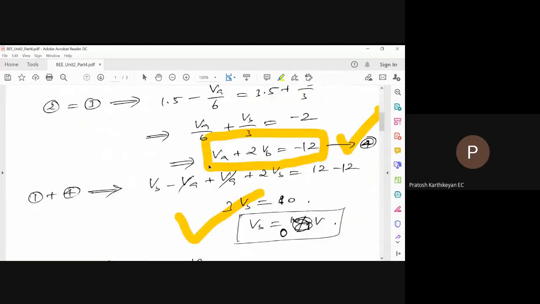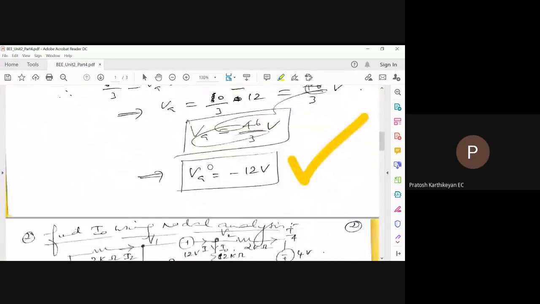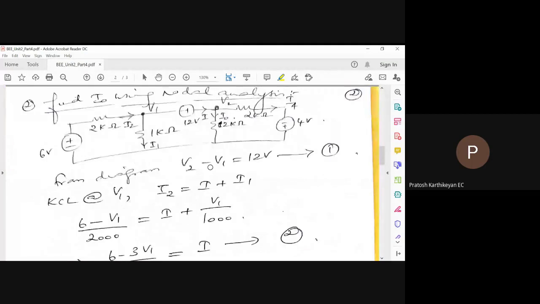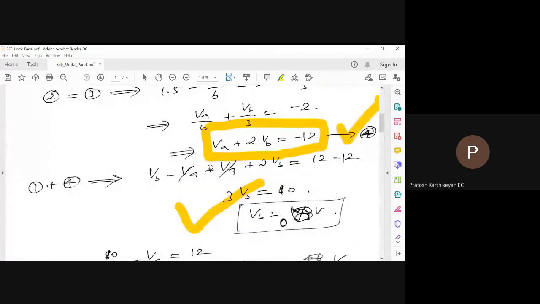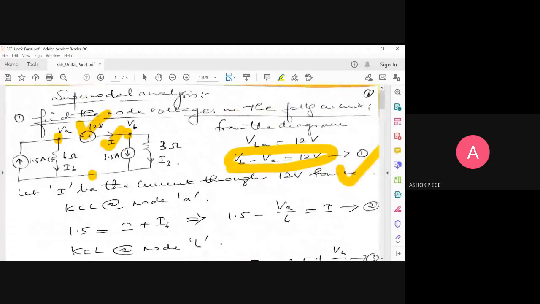Sir, I have a question, sir. Yes. Sir, if the polarity of the voltage source is exchanged, sir, I can just show that. Will the polarity of VAB change? If the polarity of the voltage source is reversed, then VAB will be 12 and VA minus VB will be 12. And the current direction also changes, sir. See, the current direction I, anyways we are going to eliminate I, right? So you can assume I anyways.